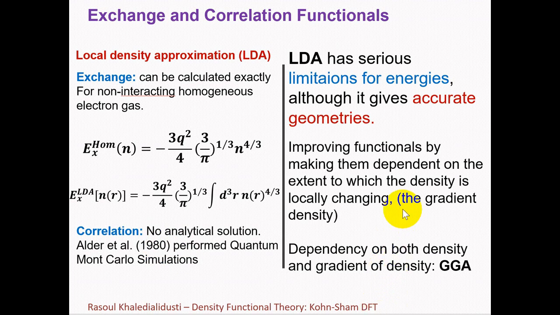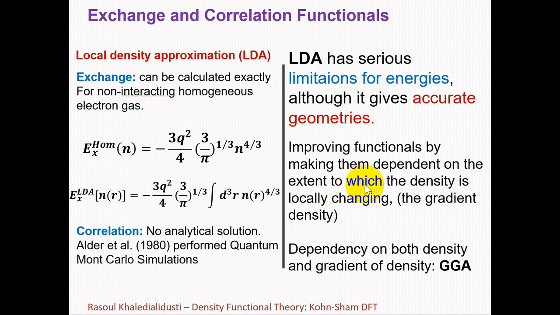So, LDA has serious limitations for energies, although it gives accurate geometries. So we try to improve our functionals by making them dependent on the degree to which the density is locally changing, which is the gradient.